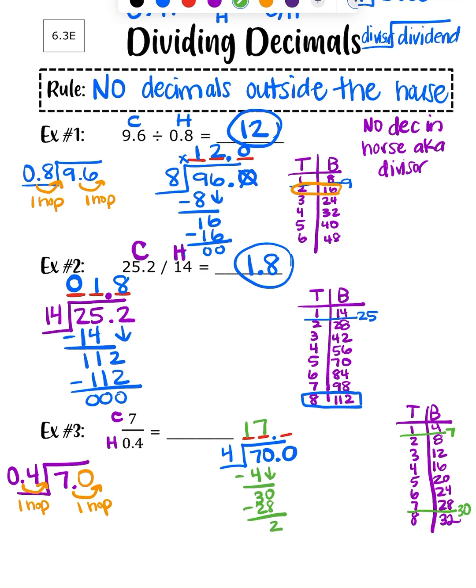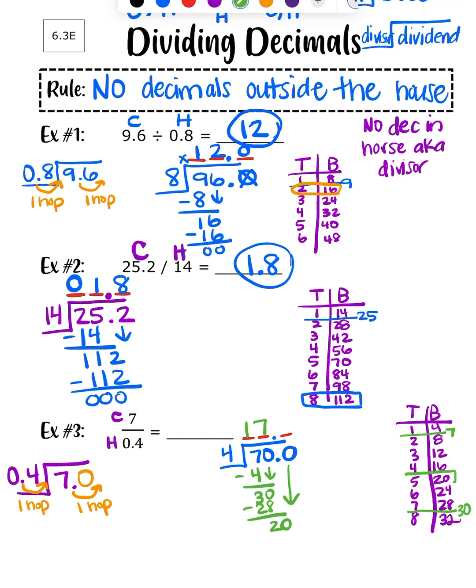So I can't stop because I can't leave a remainder in middle school. So I'm going to bring down my 0, or my donut. And I'm going to say, can 4 people sit in 20 chairs? And the answer is yes. 20 is on my list.